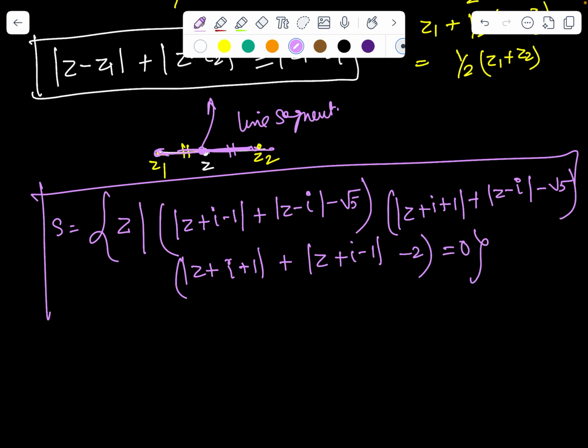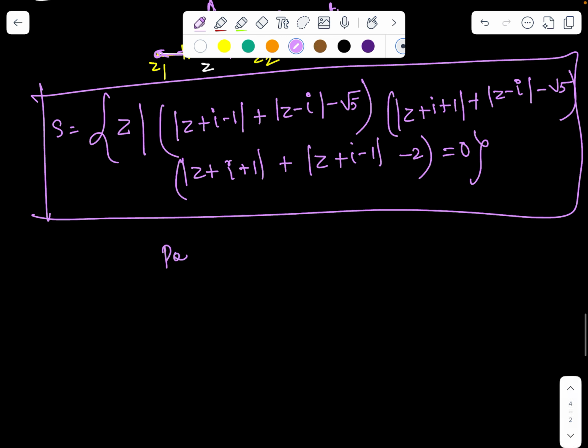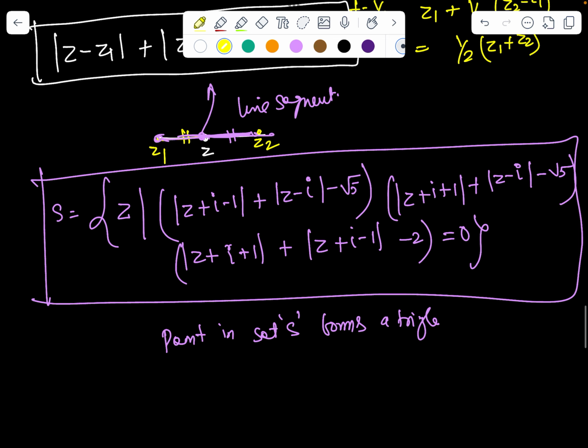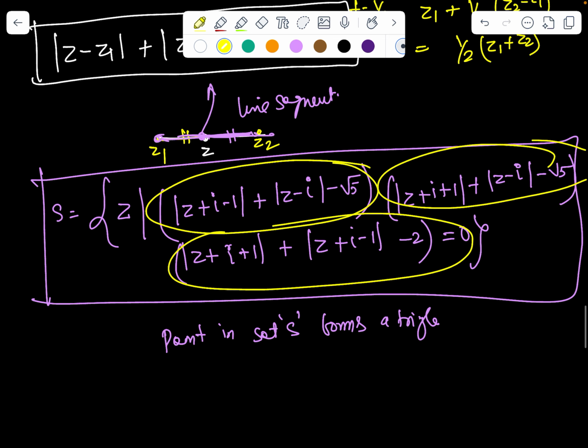Then precisely the points in set S form a triangle. Now why will it form a triangle? Because if this entire quantity is 0, either this will be 0 or this will be 0 or this will be 0.